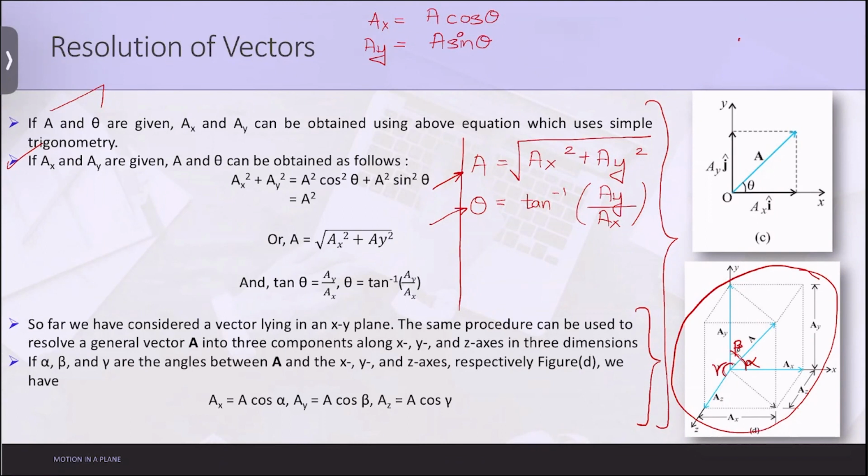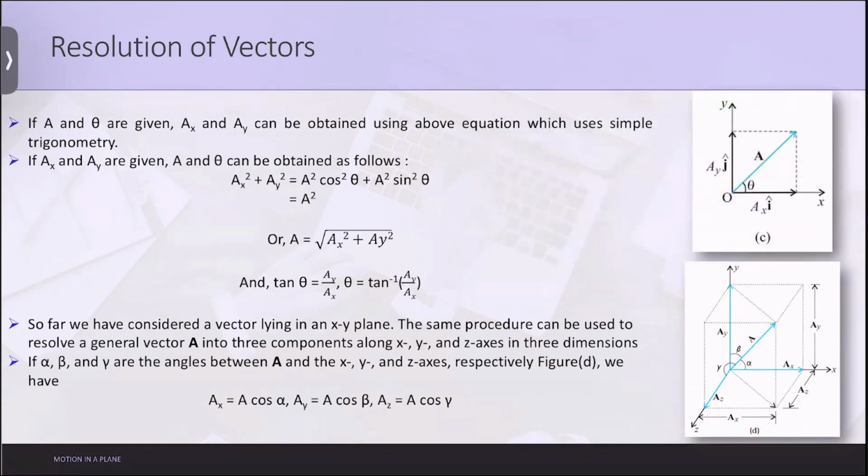So ax is equal to a cos alpha, ay is equal to a cos beta, and az is equal to a cos gamma. These alpha, beta, and gamma are nothing but these angles.